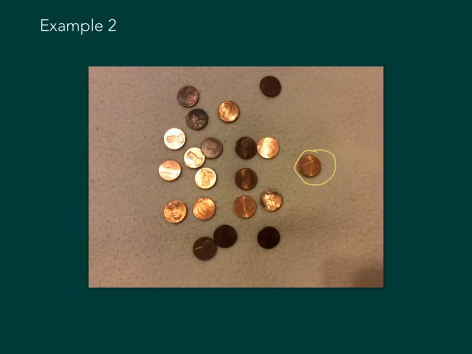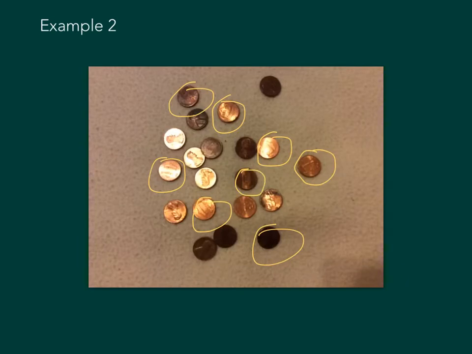We have 1, 2, 3, 4, 5, 6, 7, 8, 9. That is all of the ones that are on tails. Okay, so we had 9 tails and 11 heads.